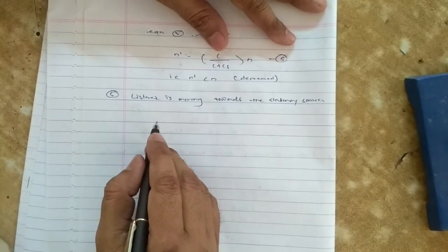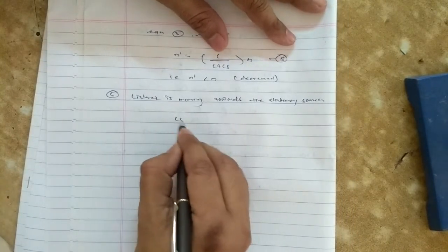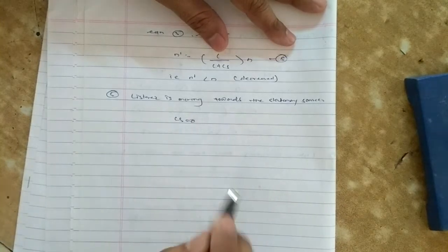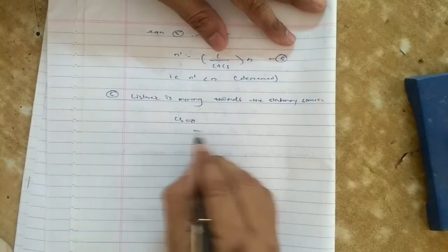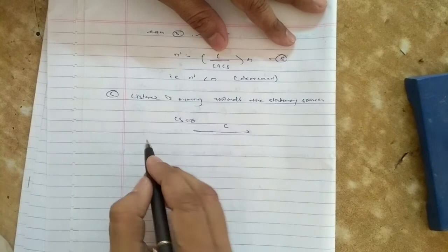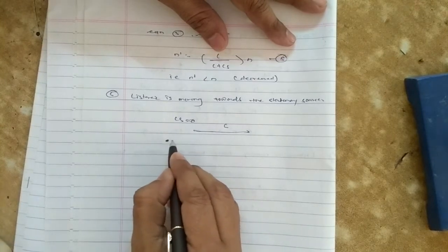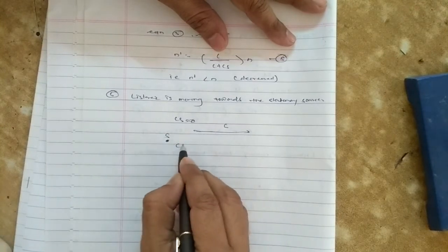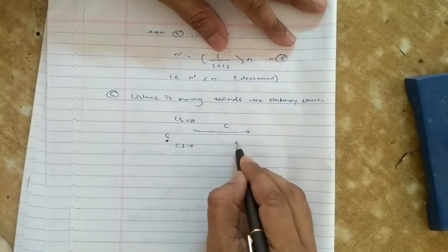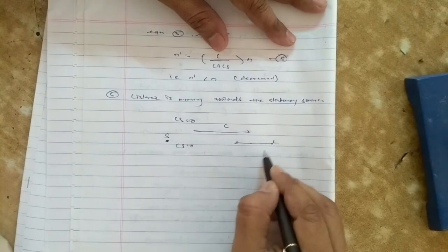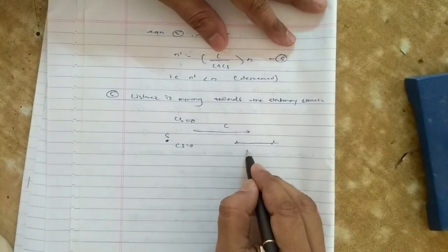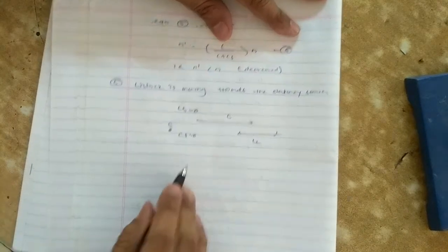Now the source is stationary, that is Cs is equal to 0. The diagram is: this is the velocity c, the source with Cs equal to 0, and this is the listener coming to the source.